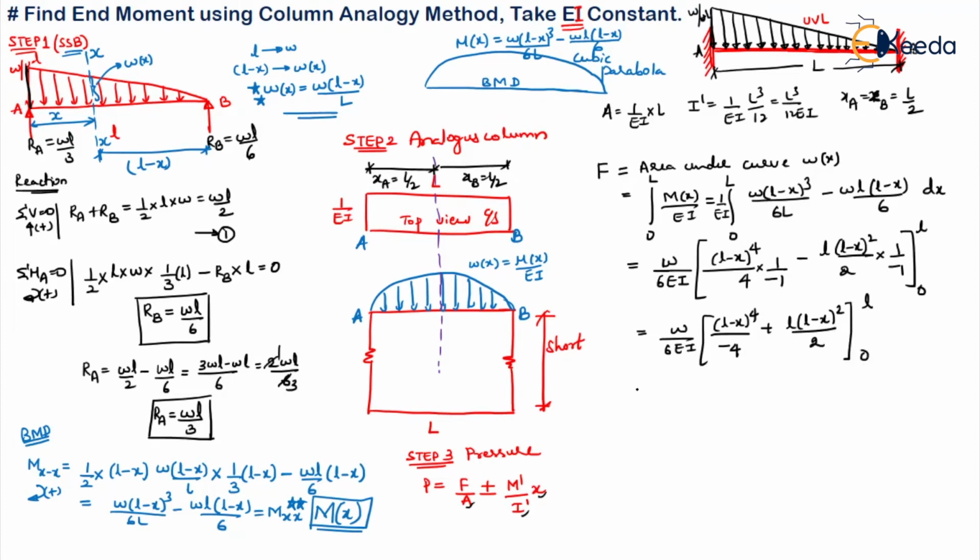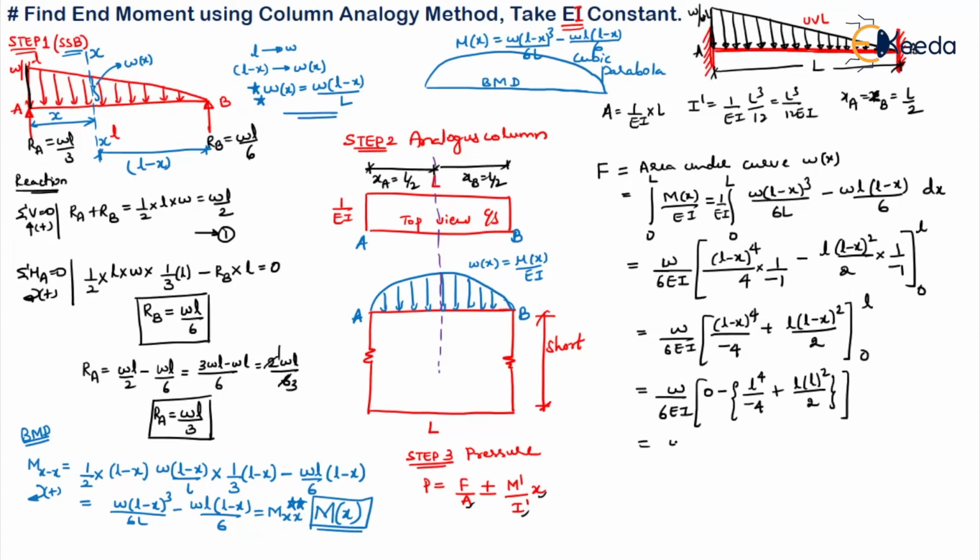So you have to apply the limit now, upper limit minus lower limit. If you apply the upper limit, you just check L − x, so it will become 0. So upper limit minus lower limit. So that's L^4 by −4 plus L into L square by 2, because this minus x will become 0, right?